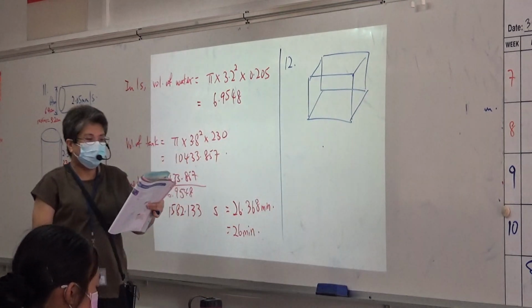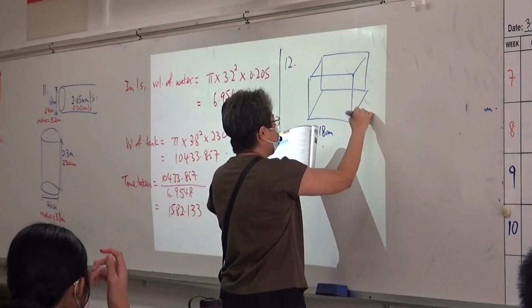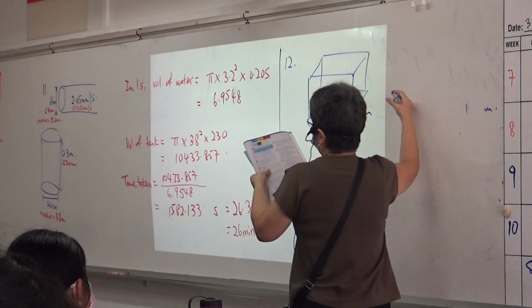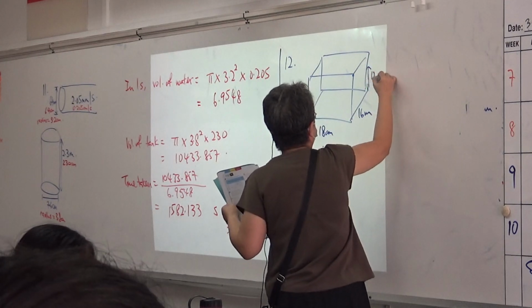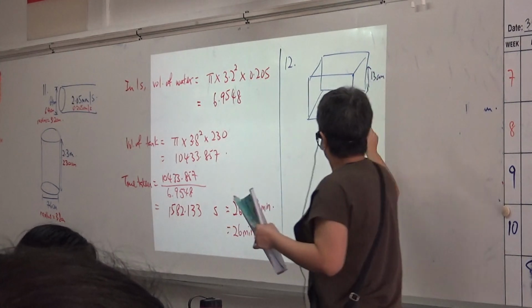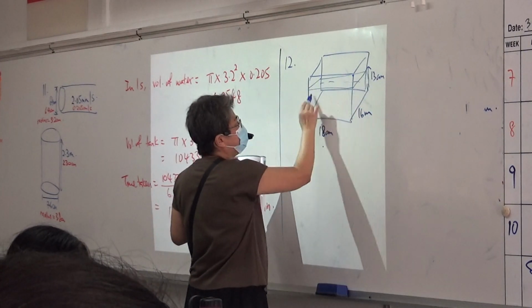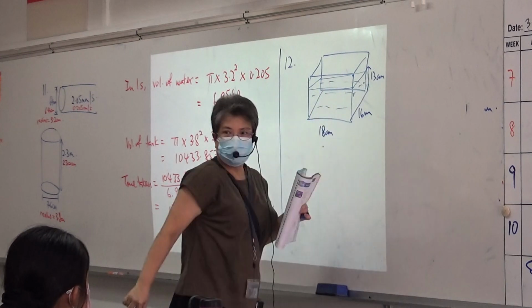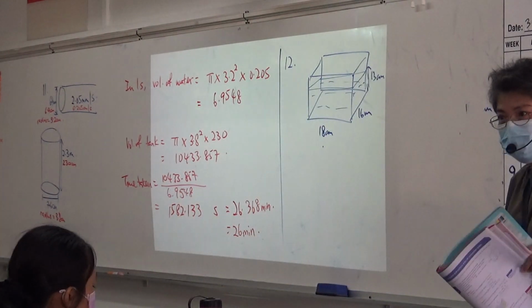An open rectangular tank of length 18 cm, breadth 16 cm, contains water to a depth of 13 cm. Now, I just told you the other day, even if the water is being filled up to a certain height, it is still a cuboid, just a smaller cuboid, agree?